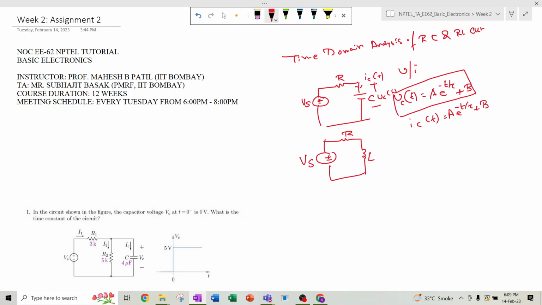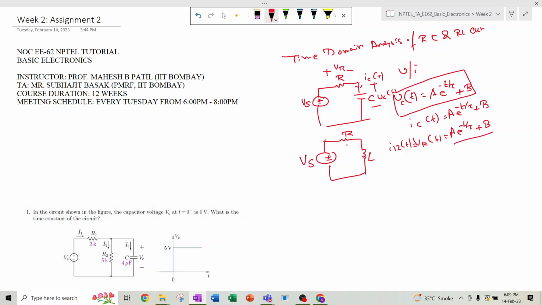It is equally applicable for any voltage or current across the circuit. It can be the voltage across the resistor, that can also be represented as a e to the power minus t by tau plus b, or it may be the current, that is IR(t), that can also be represented like this.